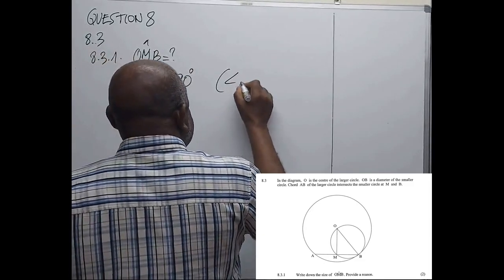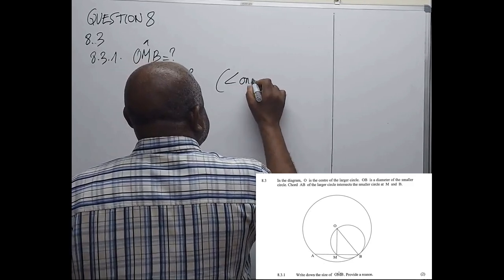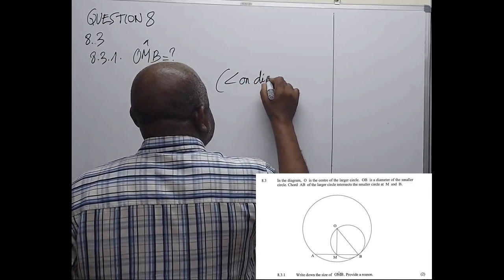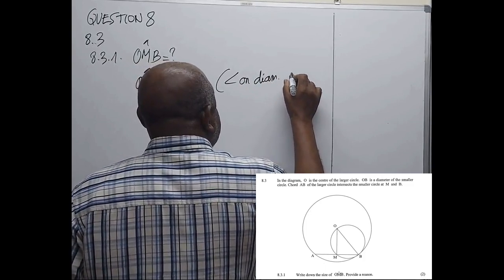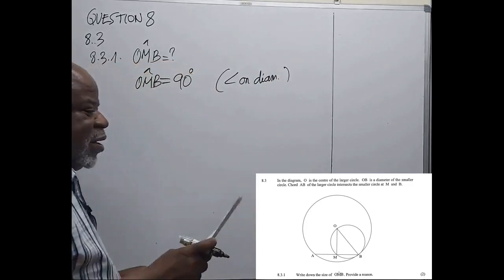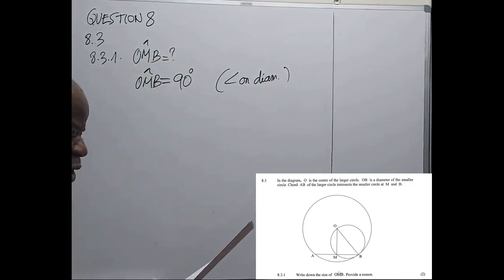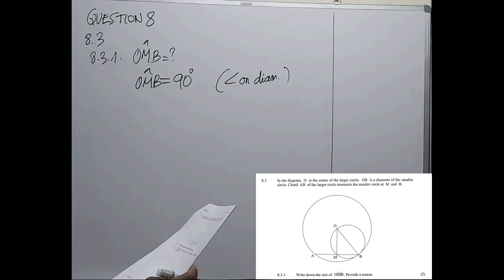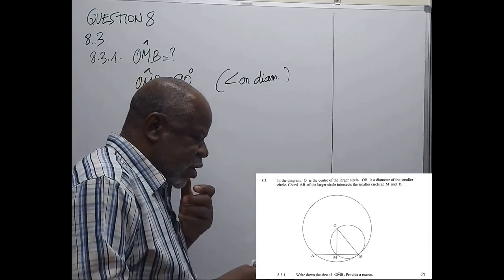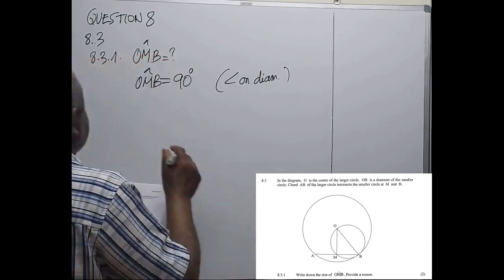The reason will be angle on a diameter. Or you can also say angle in a semicircle is always equal to 90 degrees. You can see OMB is a right angle triangle. From there, we're going to go to the next question.